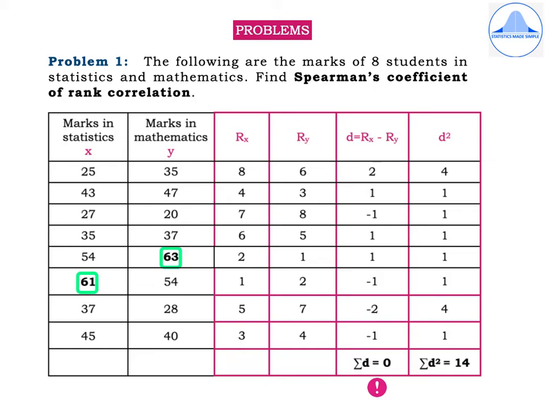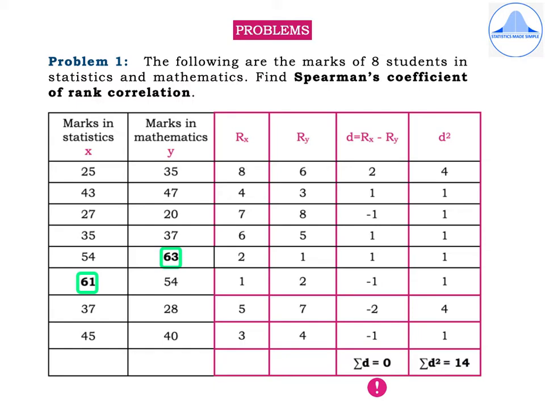In the first column, we have marks in statistics as 25, 43, 27, 35, 54, 61, 37, 45. Second column, marks in mathematics as 35, 47, 20, 37, 63, 54, 28, and 40.